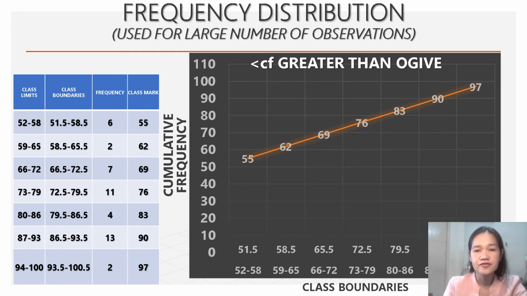The less than cumulative frequency column contains the accumulated sum of frequencies of each class interval that is less than its corresponding upper class boundary, while the greater than cumulative frequency is one where the accumulated sum of frequencies is greater than the corresponding lower class boundaries.